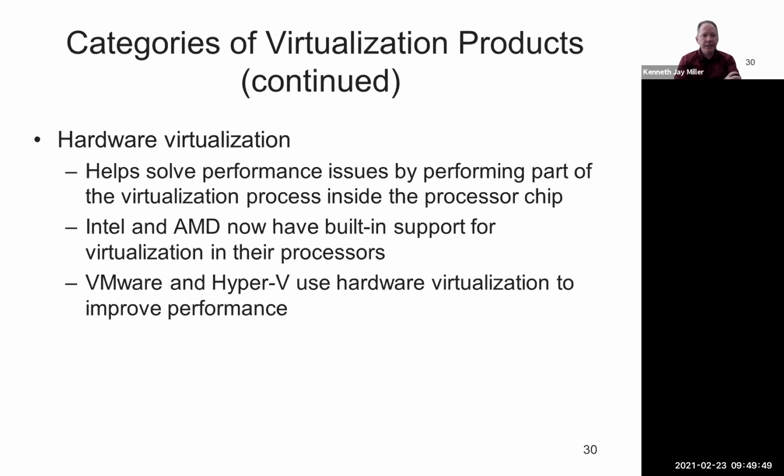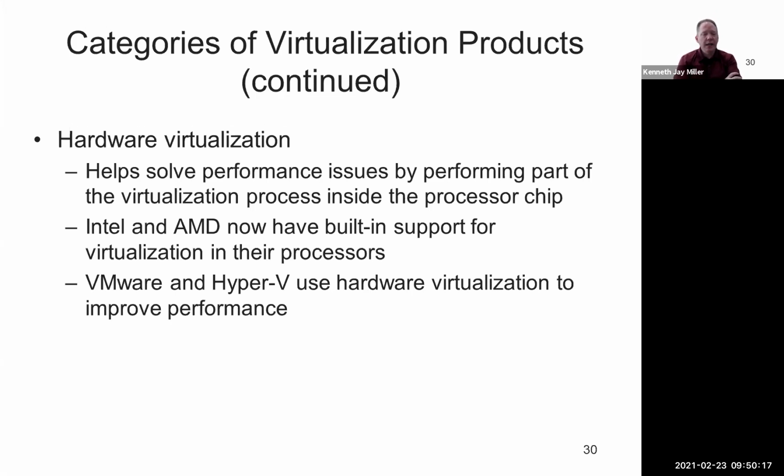And HAV means that the processor is engineered, designed in a way that it can be virtualized. Now, 15 years ago, when virtualization first started, none of the processors were aware of virtualization, right? They didn't know what it was, so they didn't have any specialization for it.